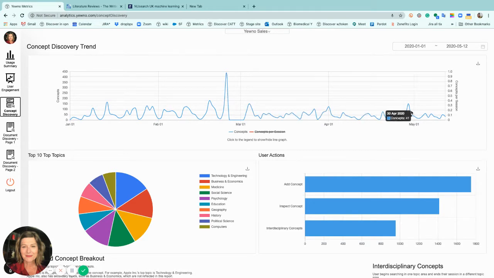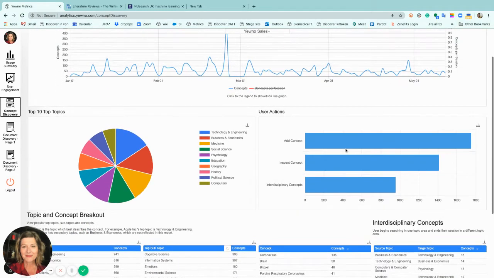And you can discover that throughout this entire 5-month period. So you'll want to know, what were the top 10 topics? So if you hover over it, it gives you the exact percentage. So we learned that 10% were in technology and engineering, 8% business and economics, medicine was 8.3, social science, etc. So this gives you that information.